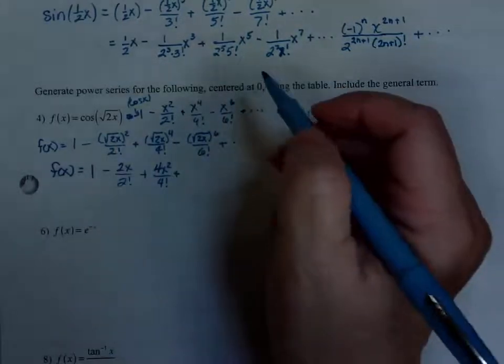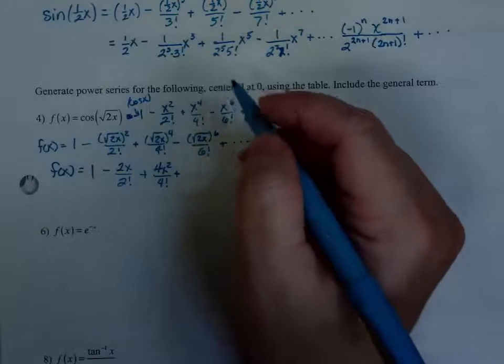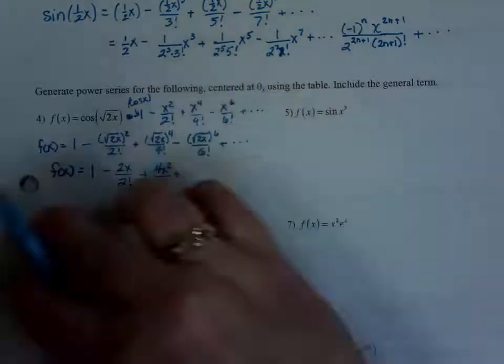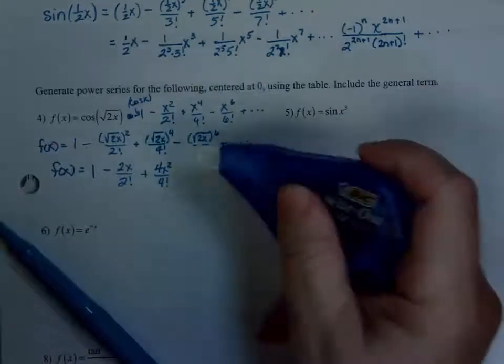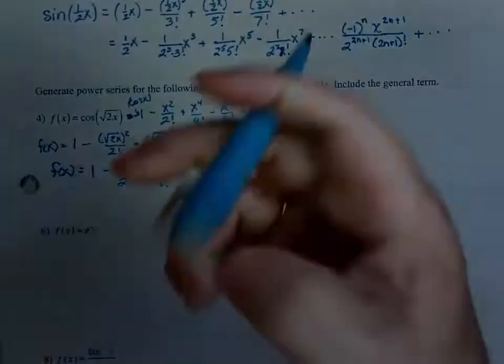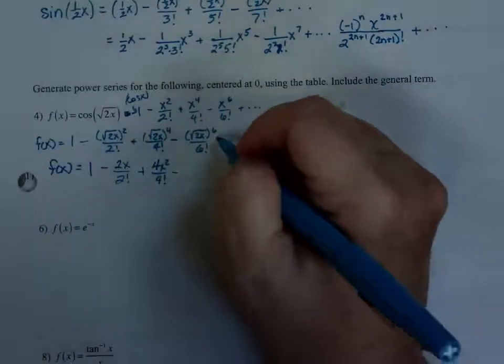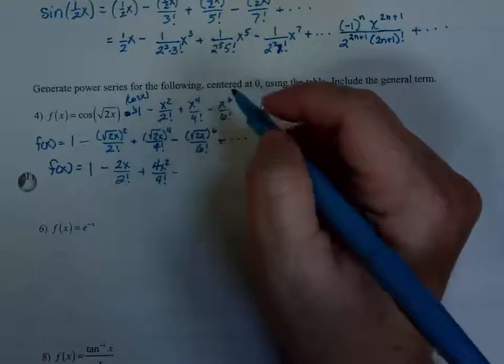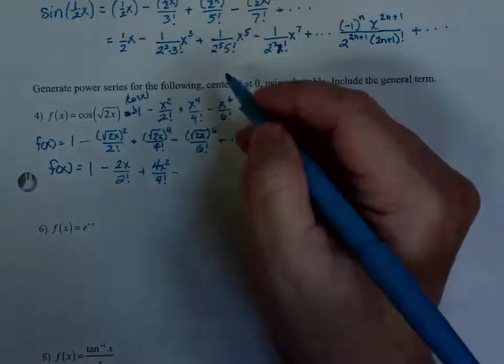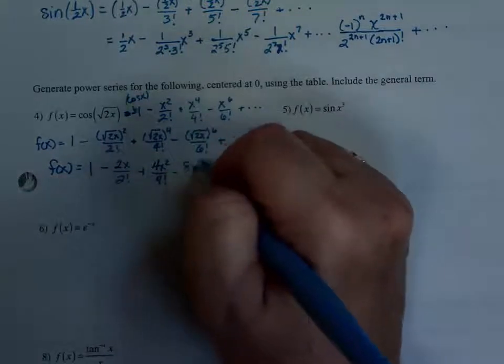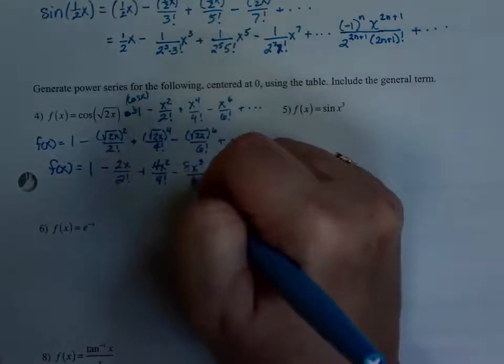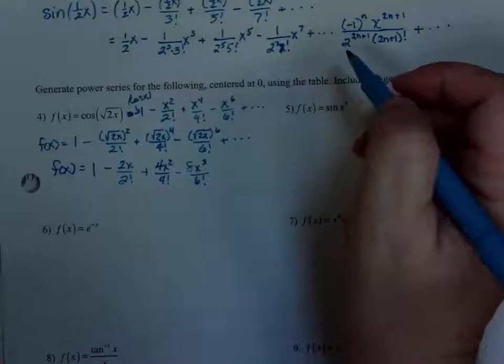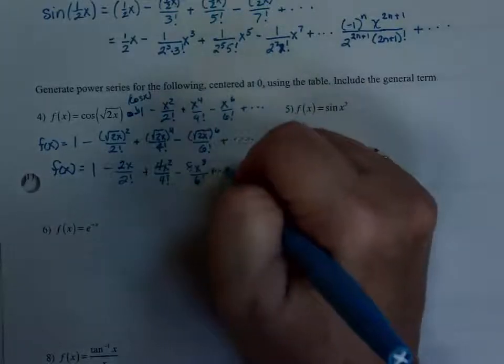Now what about the next one? Oops, it's a minus again. It's 2x times 2x times 2x, just 3 of them. 8x to the 3rd over 6 factorial. Plus dot dot dot.